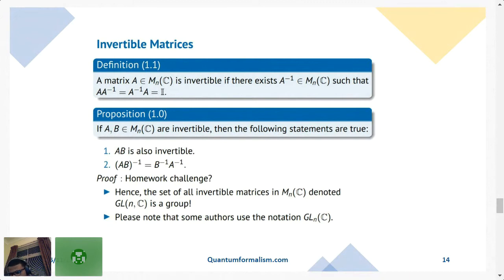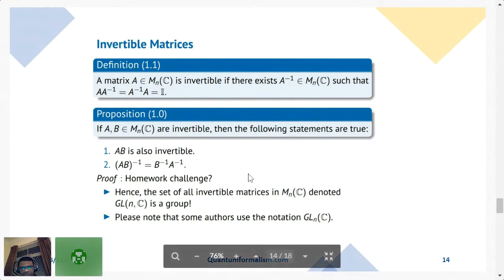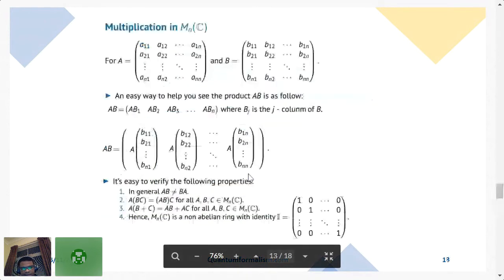Okay, so this one, the way you're describing, let me go back to the slide. So imagine this is the matrix here acting on this. Imagine this is the psi.